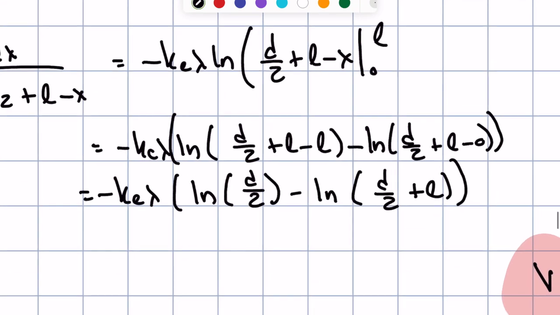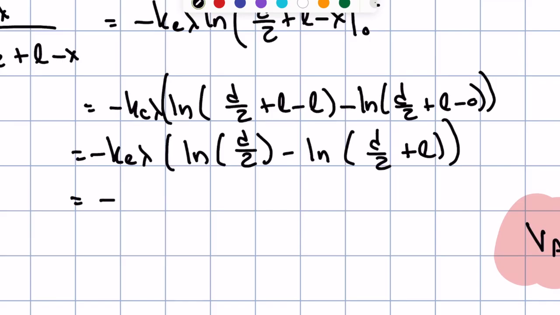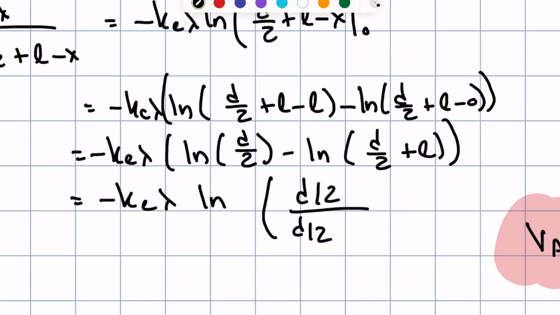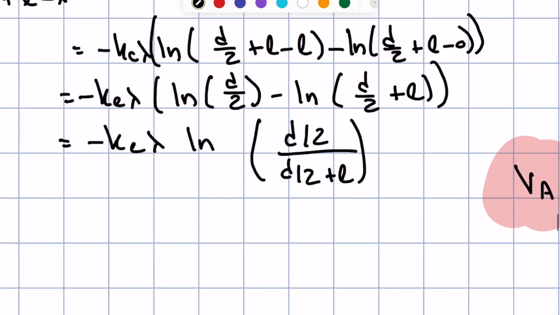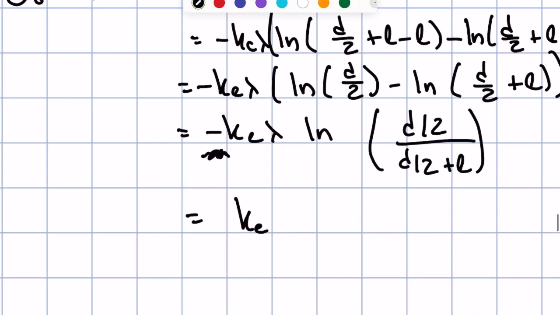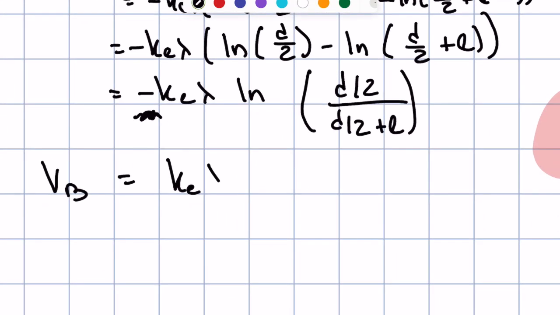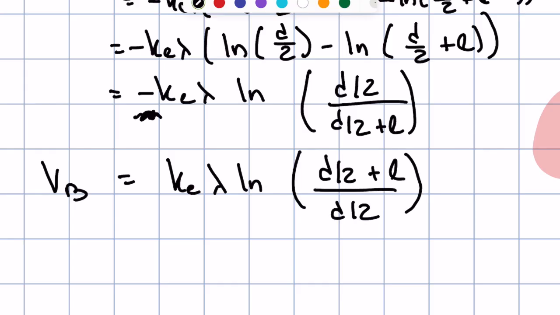So similarly, we're going to combine these, and we get negative Ke lambda ln of d over 2 divided by d over 2 plus L. Lastly, we're going to flip the numerator and denominator to get rid of that negative sign. So VB, the electric potential at point B, is Ke lambda ln of d over 2 plus L divided by d over 2.